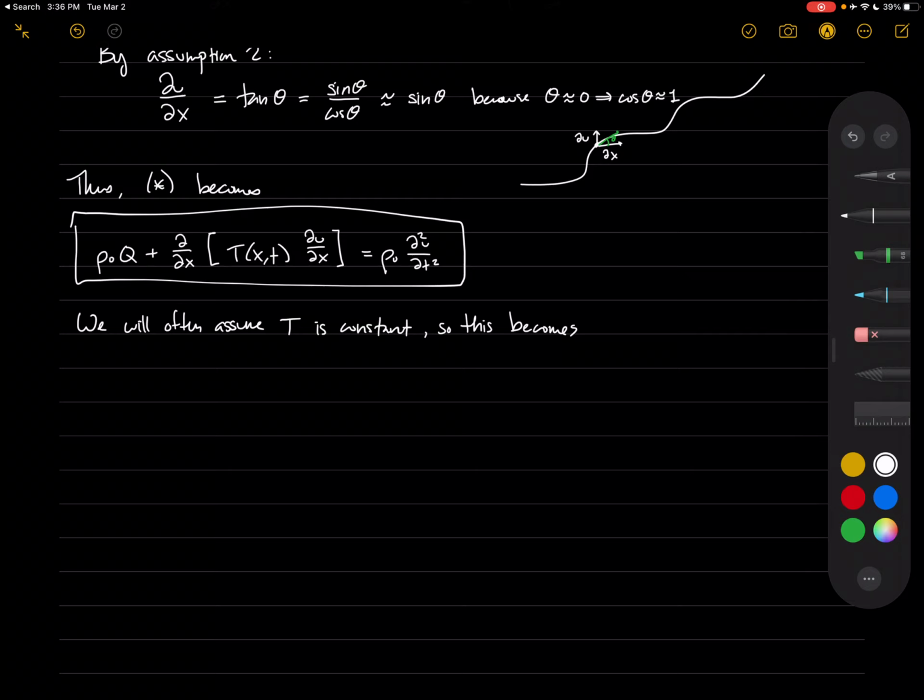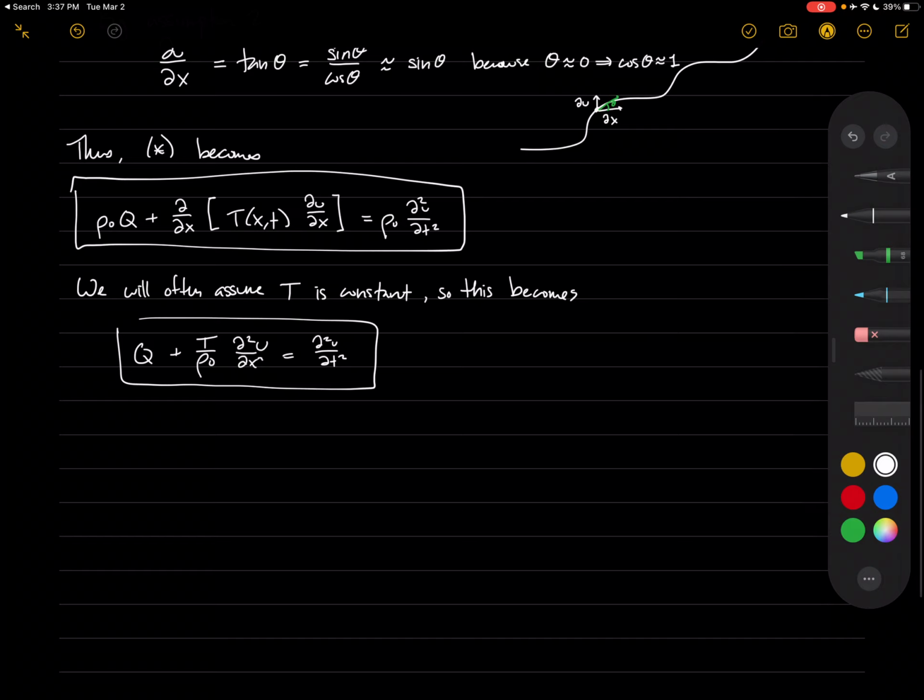And when T is constant, we can, of course, bring that guy out of the partial derivative. We see a lot of rho naughts everywhere, so we can divide things by rho naught. And just put a u here. And we find this guy on the other side. So this is the wave equation when T is just a constant.